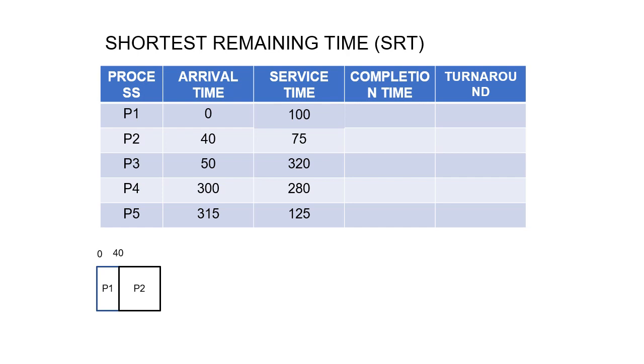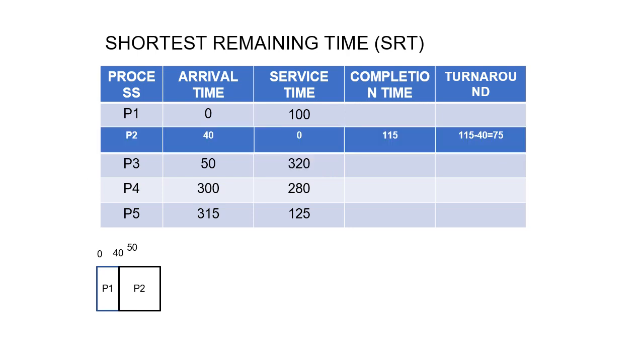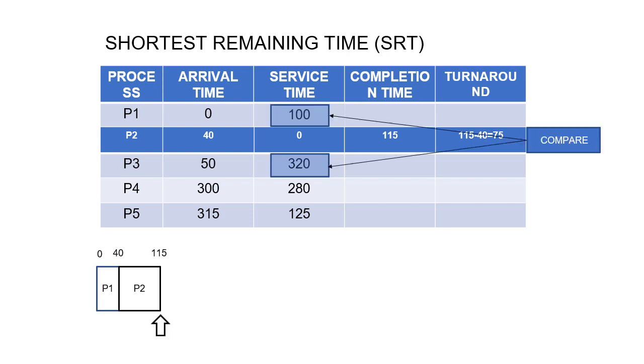P2 continues to execute until P3 arrives at 50 seconds. The system compares P2 and P3. P2 has the shorter remaining time, therefore P2 continues to execute. P2 then completes at 115 seconds, and the turnaround time is the completion time subtracted by the arrival time.